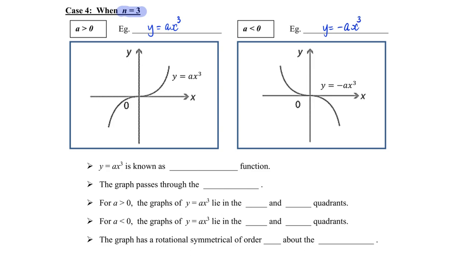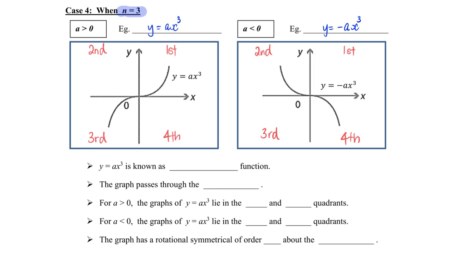Do take note that this is the shape of this particular graph. At this point, I do want to label the quadrants. This is how we label the quadrants: first, second, third, fourth quadrant. Same goes for the other side of this graph where a is negative.